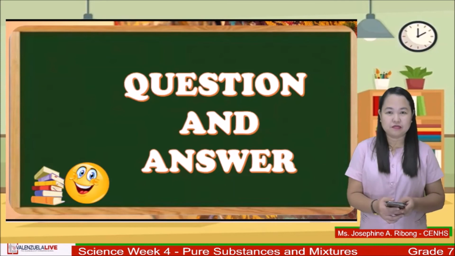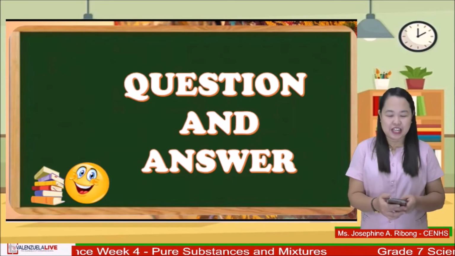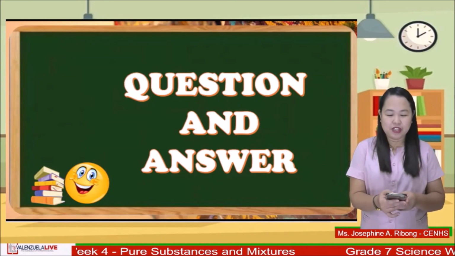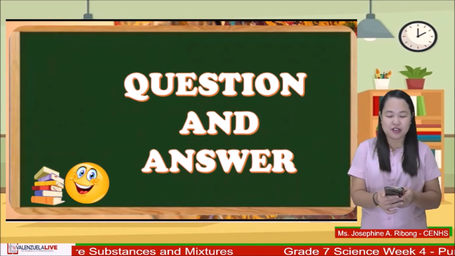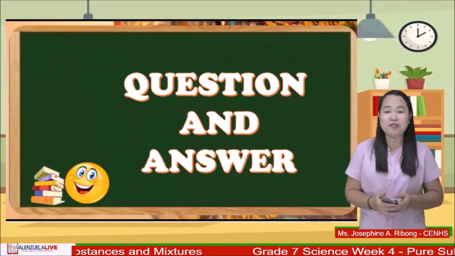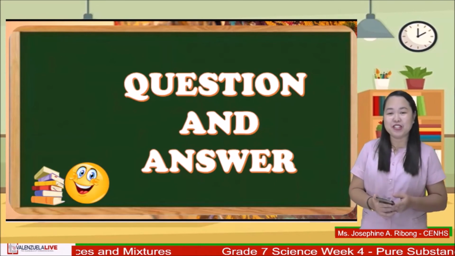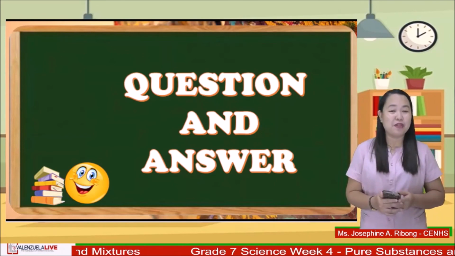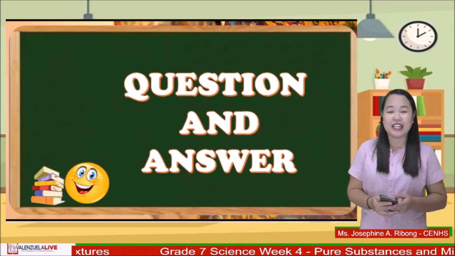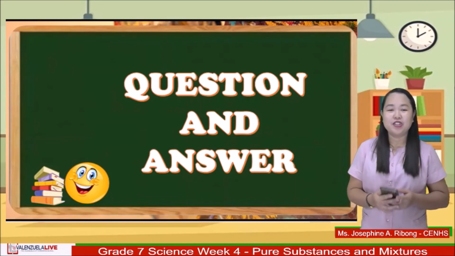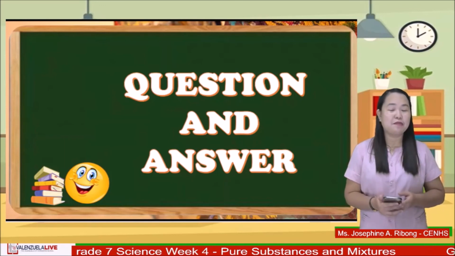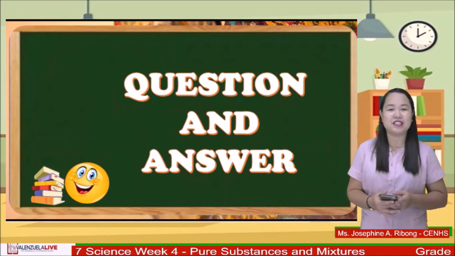From Positive Blas National High School, how can we easily tell that an object or material is a pure substance or a mixture? An object or material is a mixture if we can separate them physically or by using techniques to separate them. For instance, halo-halo, sugar solution, and air can be separated by physical means.